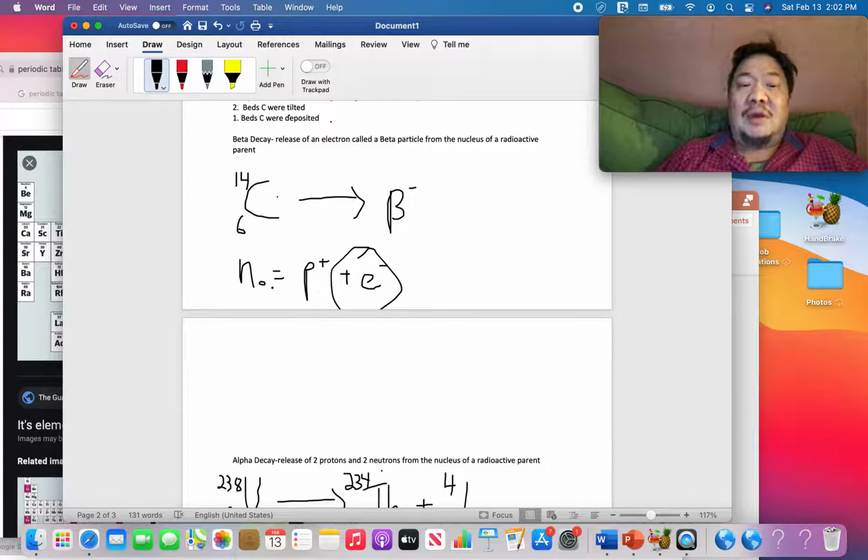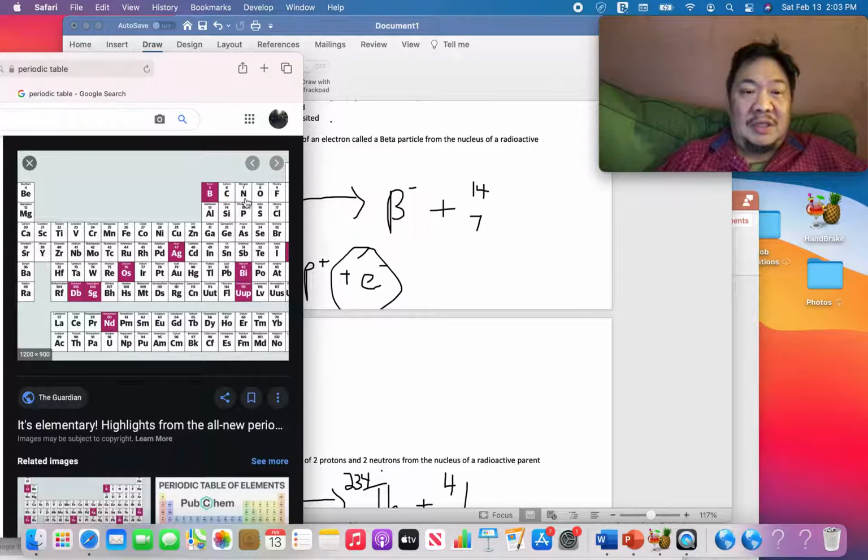A proton and a neutron weigh the same, right? So beta decay will not change the atomic mass. But you've gained a proton. So the daughter that's produced from beta decay will have the same atomic mass, but the atomic number is going to go up by 1 because you gain a proton. So the atomic number of your daughter is going to be 7 for carbon-14.